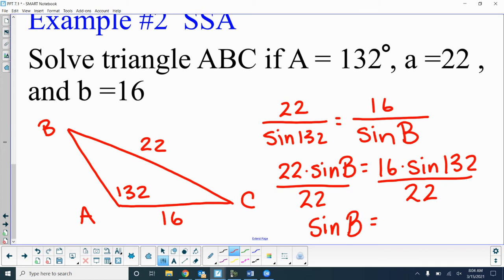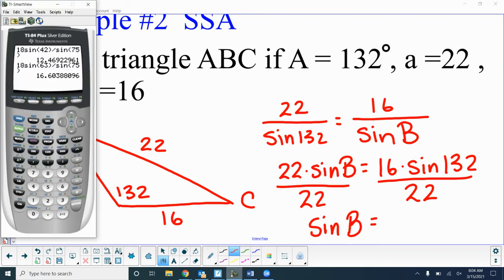Then I'm going to have to do another step after I get here. So let's do the cross multiplying and dividing. 16 sine of 132, close it off, divided by 22. So you get that decimal, 0.5405 if I round it.